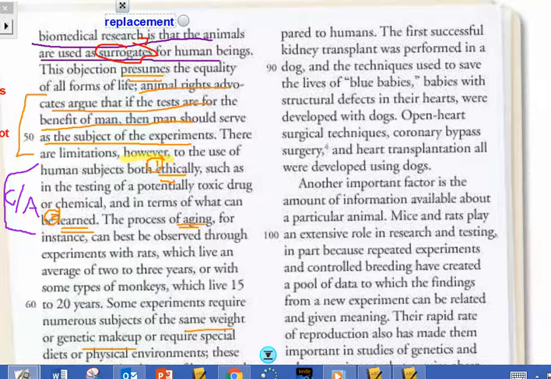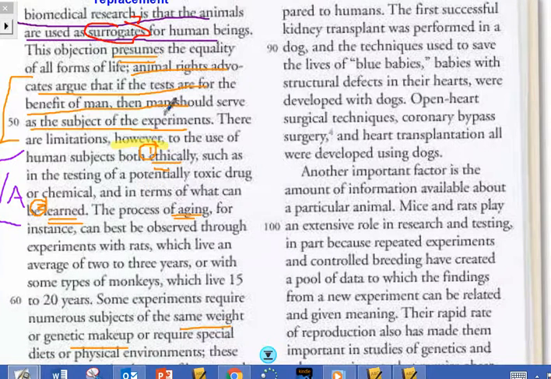"This objection presumes the equality of all forms of life. Animal rights advocates argue that if the tests are for the benefit of man, then man should serve as the subject of the experiments." Okay, everyone read this with me?